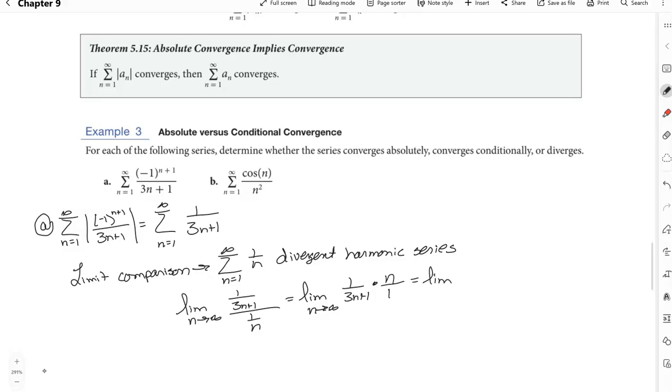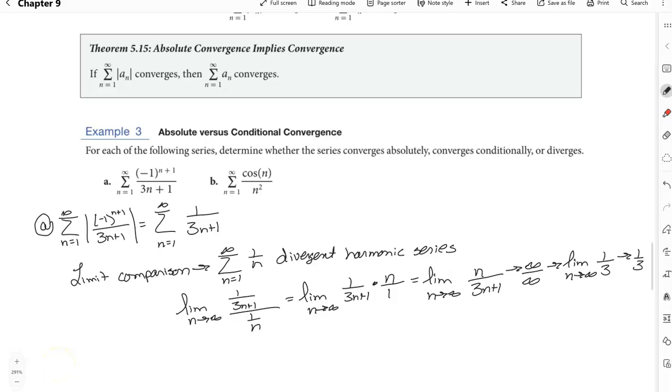So now looking at the limit as n goes to infinity of n over 3n plus 1, and that is infinity over infinity, which means use L'Hopital's. So I'm going to get 1 over 3, and that is 1/3.